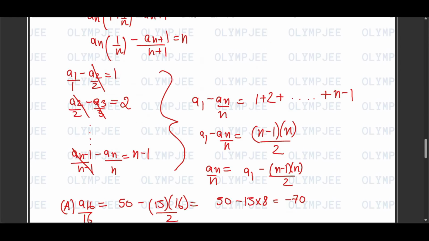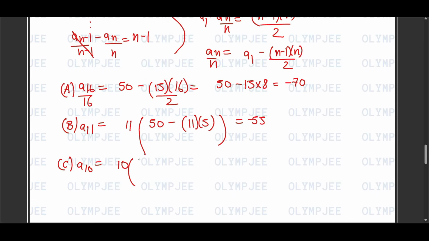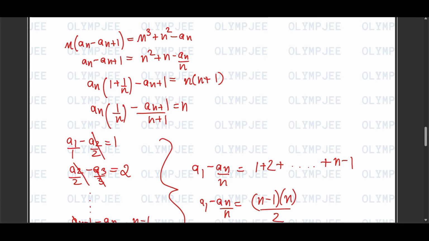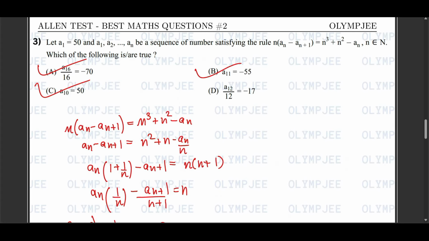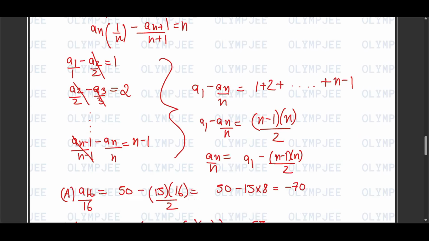Now checking C. a10 will be equal to 10, so this will be equal to 50. So option C is also correct, and if you check D, then it will come out as wrong. This is a homework. So the answer for the third question is ABC.